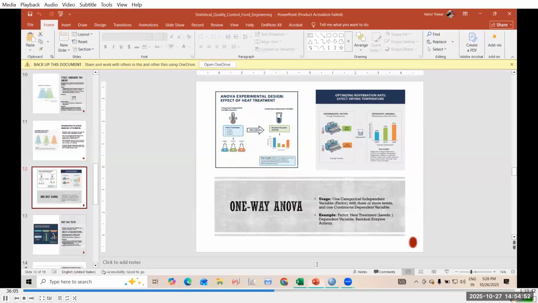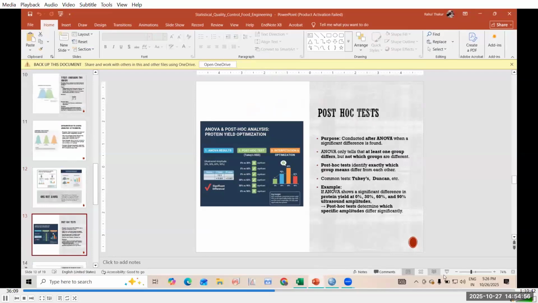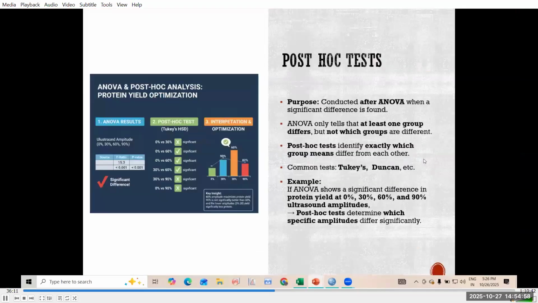Then we go for the next slide, that is the post-hoc test. After ANOVA, we do a post-hoc test to find which groups differ. We have seen that within the temperature profiles, like 100 degree, 120 degree and 140 degree, there is a significant difference in the residual enzyme activity.